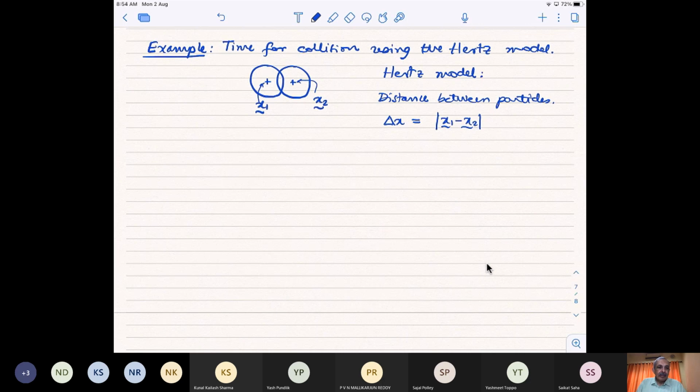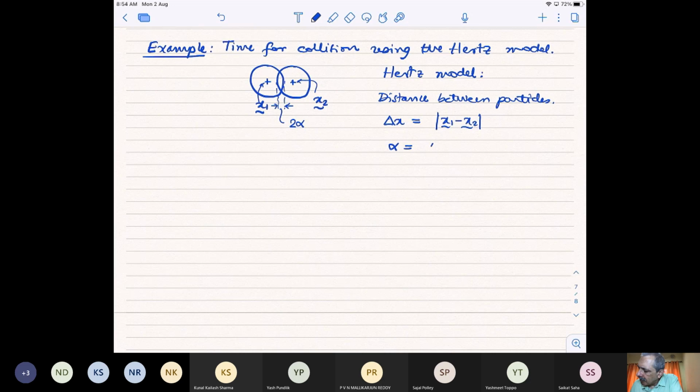And then we had defined this alpha. If you remember, in the last class we had defined a quantity called alpha. The total overlap we had defined as 2 times alpha.